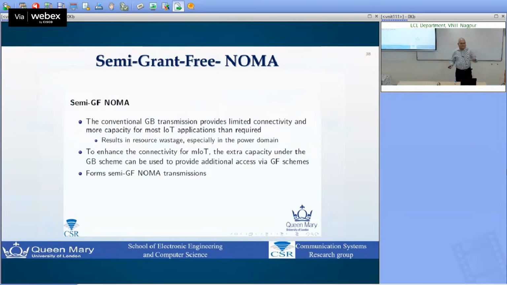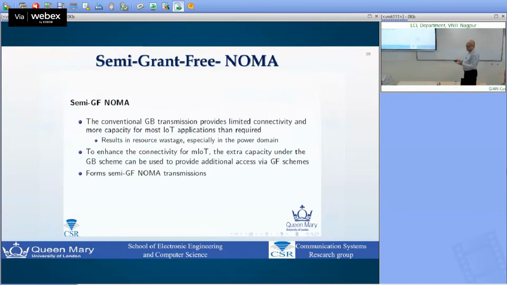That is excess capacity. For some grant-based devices, the allocated spectrum is more than required, so it is sufficient. If they have more capacity than required, that extra capacity we can use for the grant-free transmission.